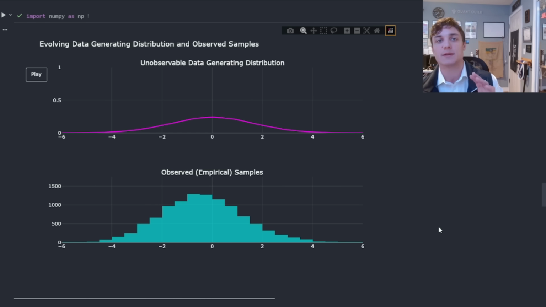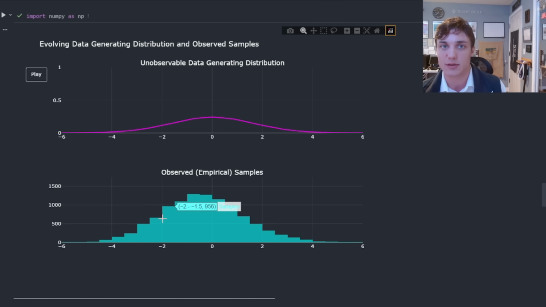This is an absolutely crucial idea to grasp. The likelihood and the relative variance of observing outcomes at any one point in time in reality is going to change. You can think of something like a very volatile period for the stock market. We're more likely to observe negative returns.